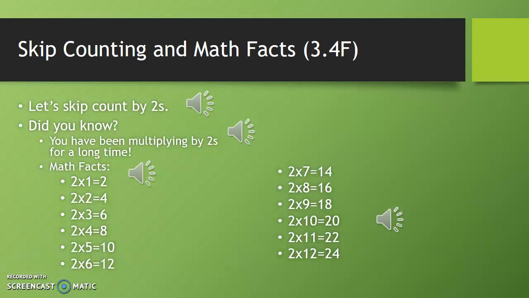You can also call it doubling 10. And finally, you can think about it as repeated addition. So, you can have 2 sets of 10, and if you look at it on a piece of paper, you could have 10 plus 10 equals 20.